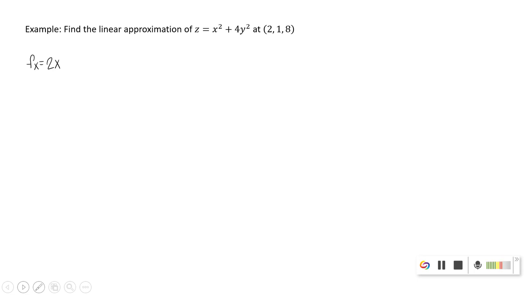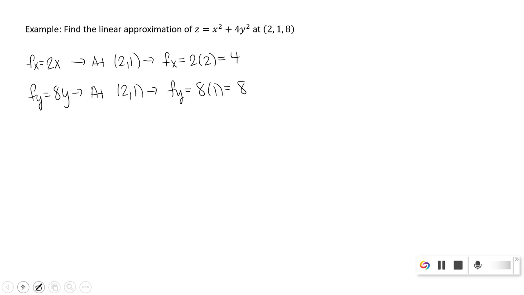So I have my surface z equals x squared plus 4y squared. Partial derivative with respect to x is just 2x. If I plug in x equals 2, I get 4. Partial derivative with respect to y would be 8y.